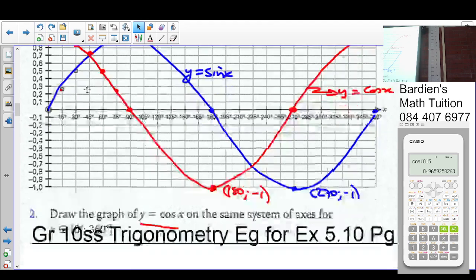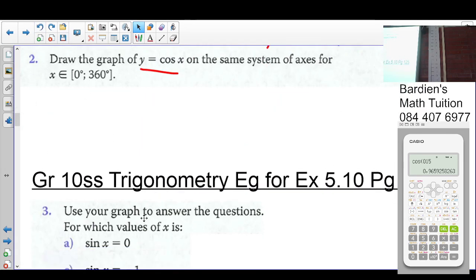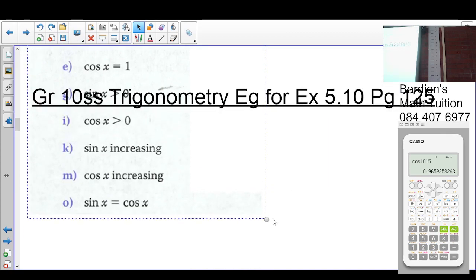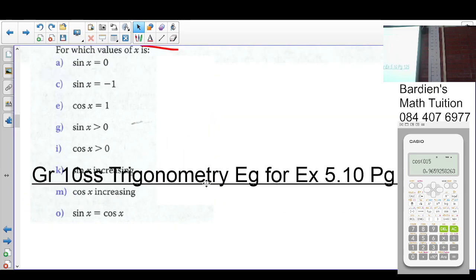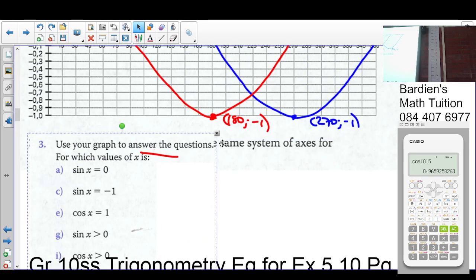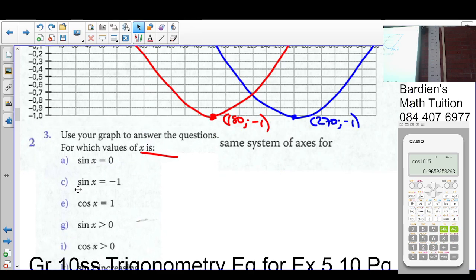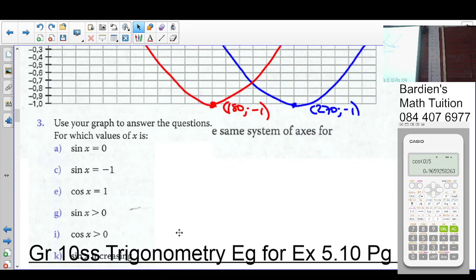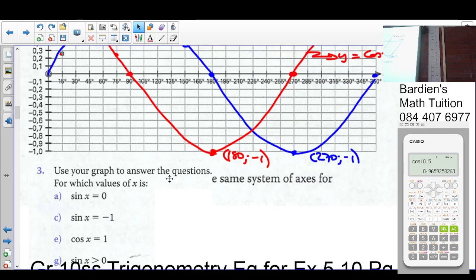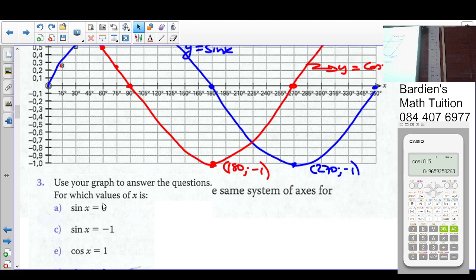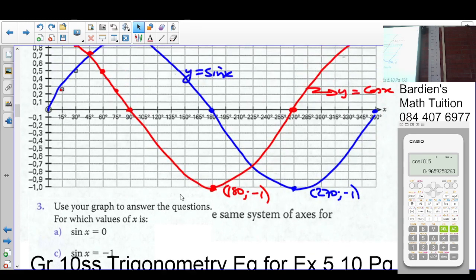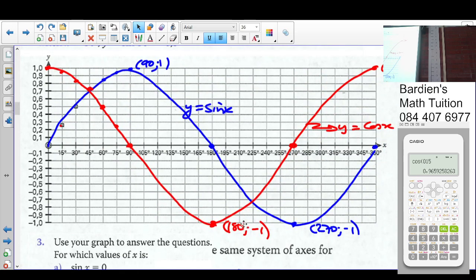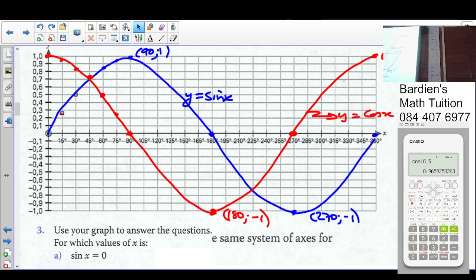So let's answer the questions pertaining to the graph. Here we are asked to use your graph. A says, use your graph to answer the questions. For which values of x is sine of x equal to 0? Which graph is the sine graph?